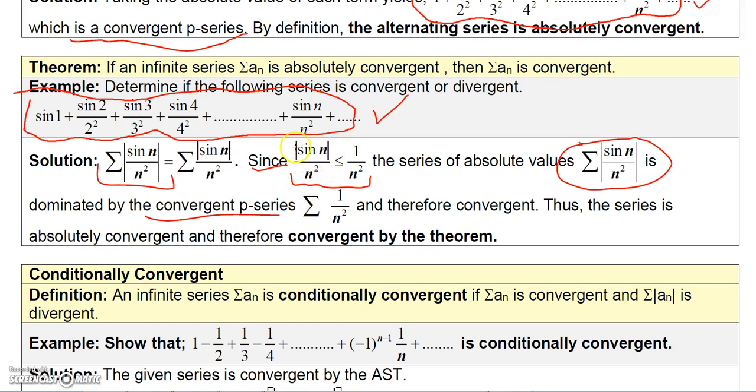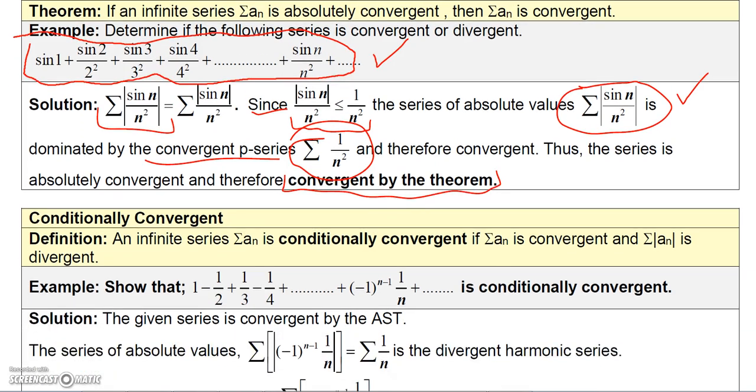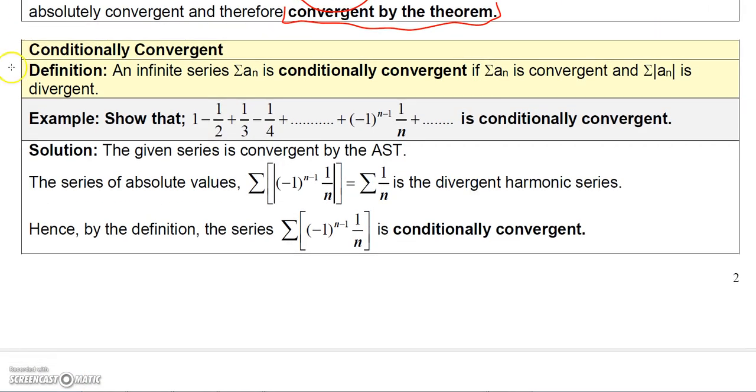In other words, since these terms are less than or equal to these terms, this series is dominated by the convergent p-series, and so therefore this series of absolute value terms must be convergent. Thus, the series that we started with, this one up here, is absolutely convergent, and therefore, since it's absolutely convergent, it must converge.